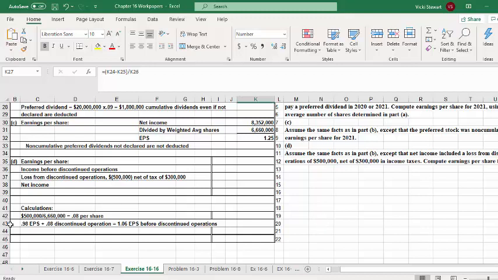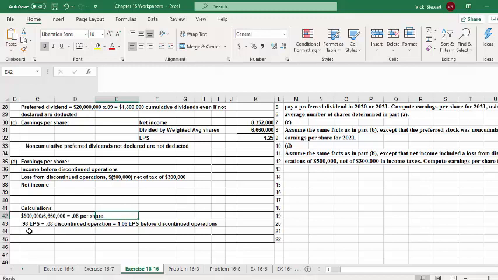So the first thing we need to do is determine the earnings per share for the loss from discontinued operations. So we had $500,000 as our numerator, and then the weighted average number of shares in the denominator gives us 8 cents per share for the loss from discontinued operations.